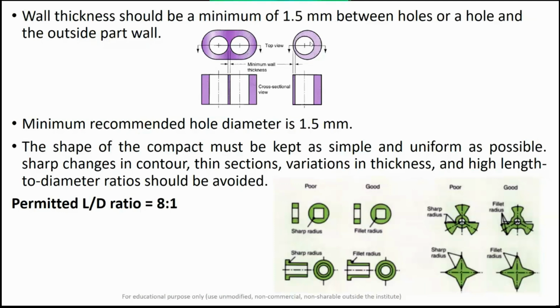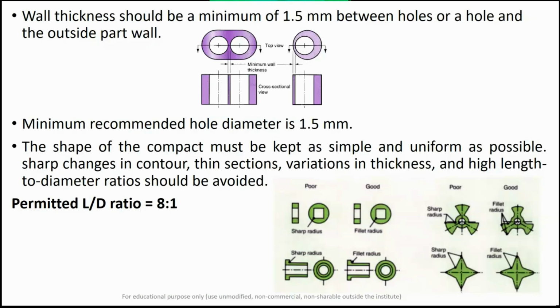Or if a hole is offset from the center and has some eccentricity, then the wall thickness should also be more than 1.5 mm. This also applies to the minimum recommended hole diameter: the hole diameter should not be less than 1.5 mm.